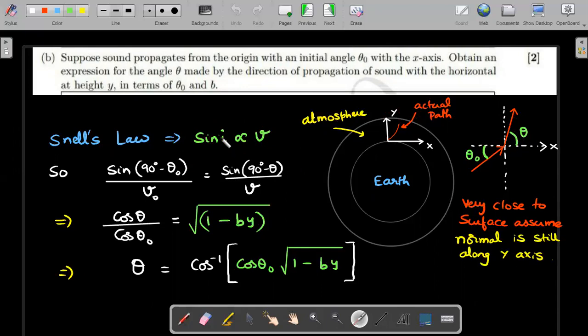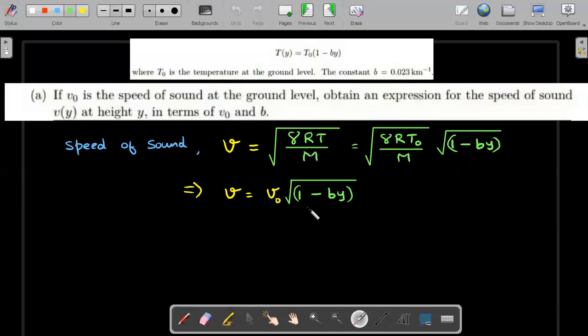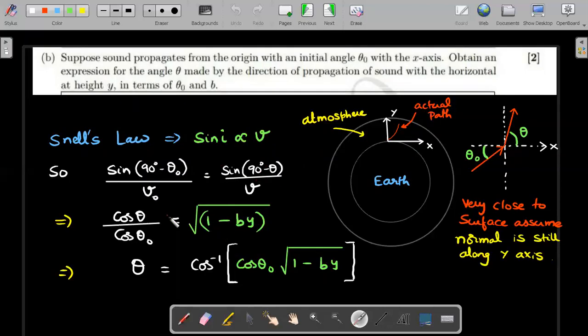Sine of the angle with the normal is proportional to velocity at that place. So I took that sine of the angle with the normal, which is 90 minus theta naught originally, divided by the original velocity, should be sine of 90 minus theta divided by the velocity at any arbitrary position. I substituted the V by V naught ratio from the previous problem into this, and then I ended up getting a relation between cos theta and cos theta naught.